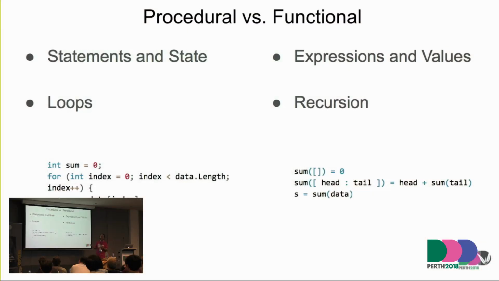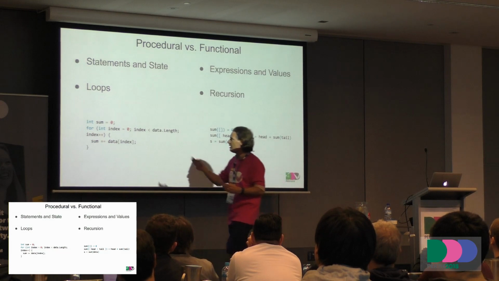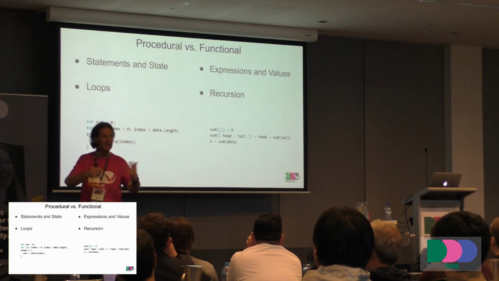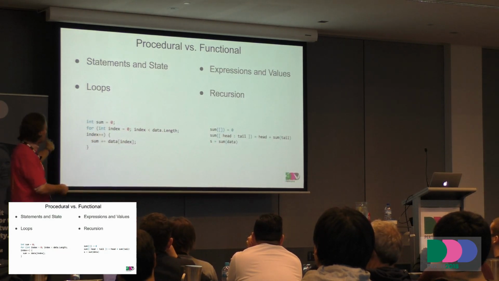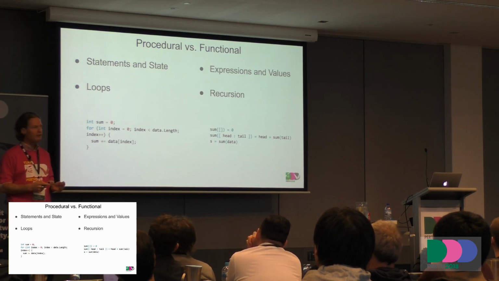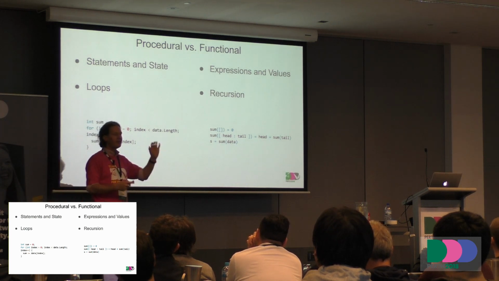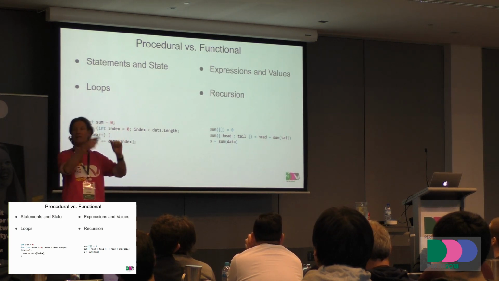So procedural programming, which you've probably done in OO type stuff, is based around the use of statements. So you have an if statement or a for loop statement or an assignment statement, and it's basically about manipulating state in a procedural sort of way, as I mentioned. A big thing about procedural programs is being easily able to write loops, with variables and so forth. On the other side, as I mentioned, functional programs are based around expressions and evaluating those expressions. An expression may contain values and other function calls.